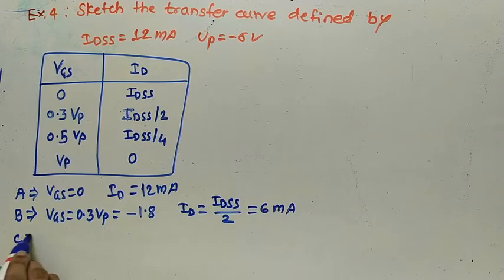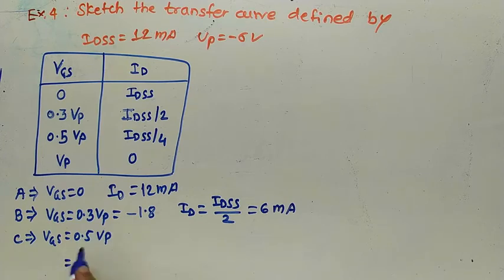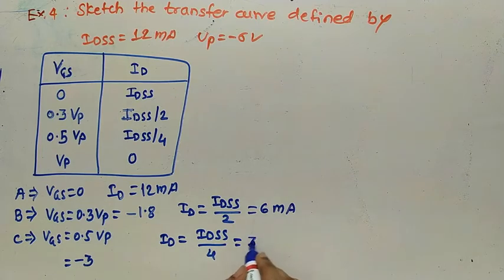Point C is VGS equal to 0.5 Vp, which is minus 3, and ID will be IDSS upon 4, so it is 3 milliampere. And point D, when VGS is equal to minus 6, ID is equal to 0.